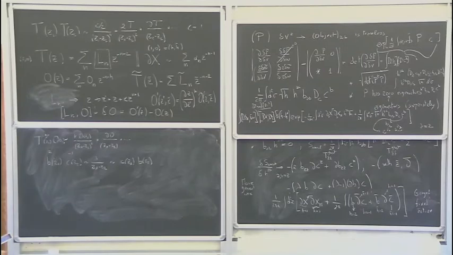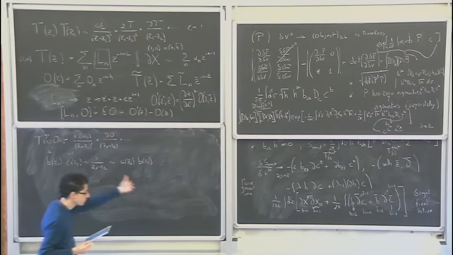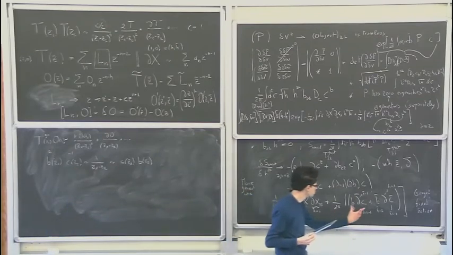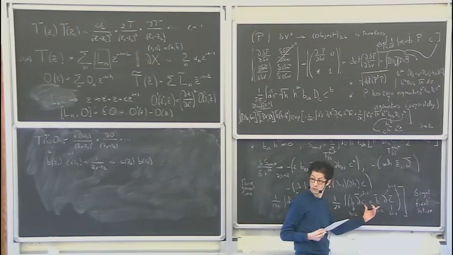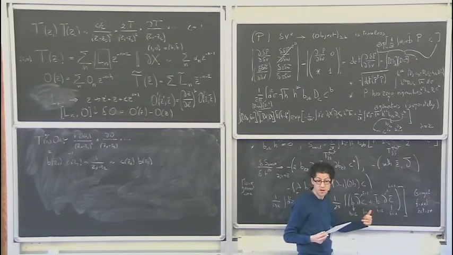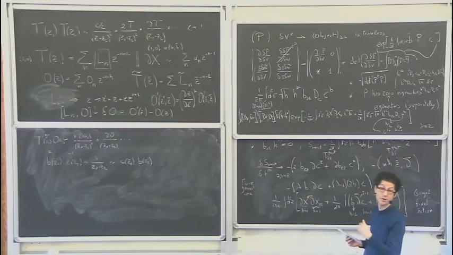I'm a bit brief on this because the flavor is very similar. I'm just saying the result of this construction is to add an extra sector to the CFT that is again free. And so you can do the calculation in a very similar pattern as we did for the matter field.